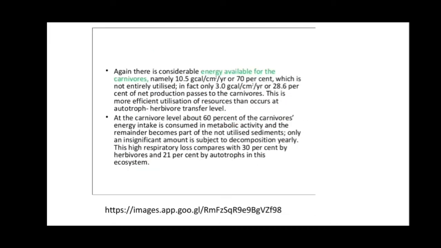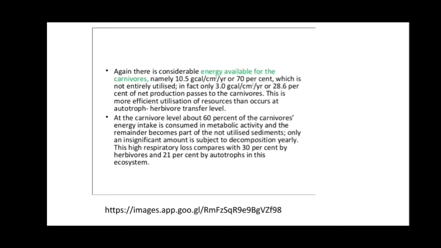Again, the energy available for the carnivores is only 10.5 gram calories per centimeter square per year, or 70%, which is not entirely utilized. In fact, 3.0 gram calories per centimeter square per year. This is a more efficient utilization of resources than occurs at the autotroph-herbivore transfer level.